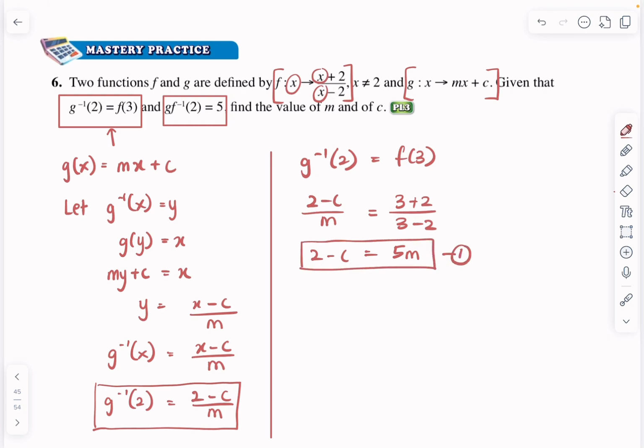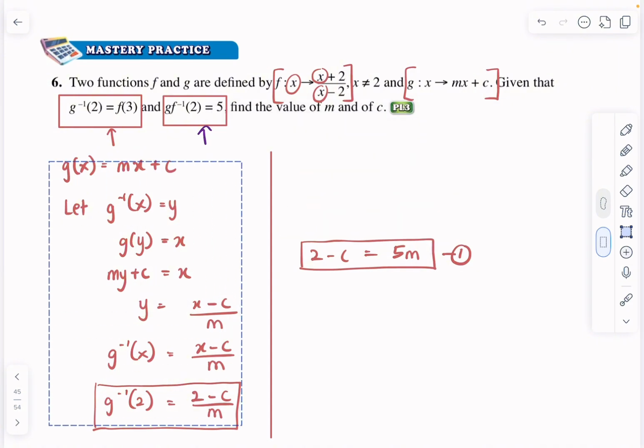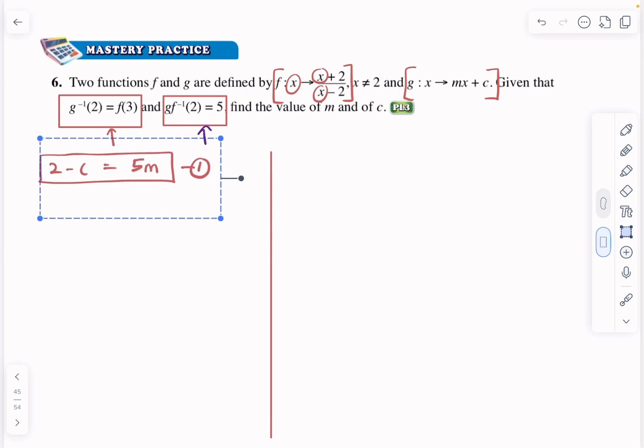Okay. Now we have to use the other part to make our second equation. Then we can solve them simultaneously. So let's delete all this first. The first equation we keep here.